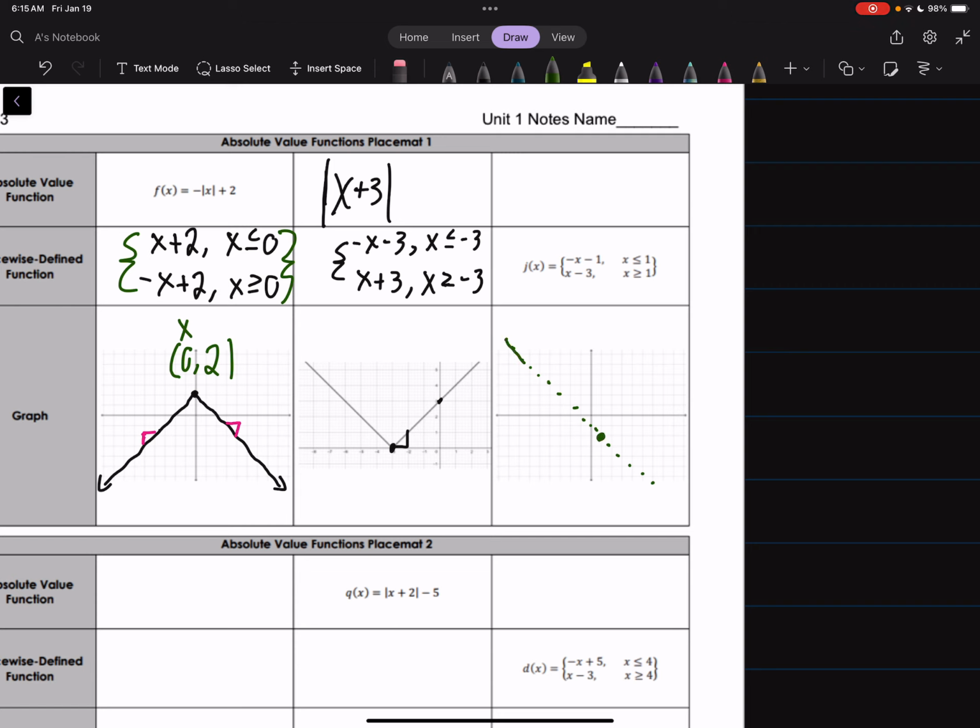Less than is the left side. For x minus 3, we want it where x is greater than or equal to 1, the right side.